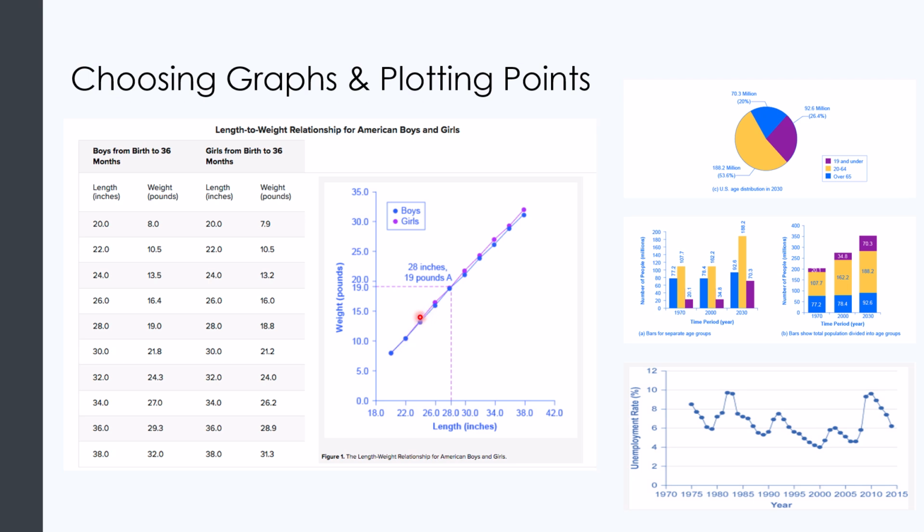Considering the third point, 24 and either 13.5 or 13.2. And we just continue going. Each point, the x value and the y value. And we'll use this plotting skill pretty frequently throughout our semester, both in the drawing them ourselves and the interpreting of plots designed by others.